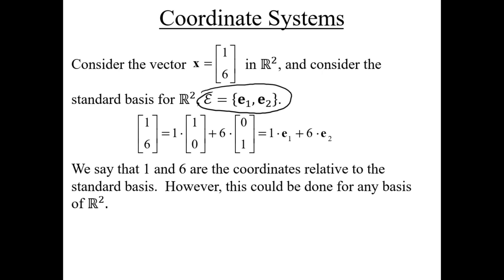Now, one of the things we can do here is say that 1 and 6 are the coordinates relative to this standard basis. When we talk about linear combinations, we've used the word weights for these coefficients. In this case, we're also going to start talking about them as the coordinates, relative to this basis.